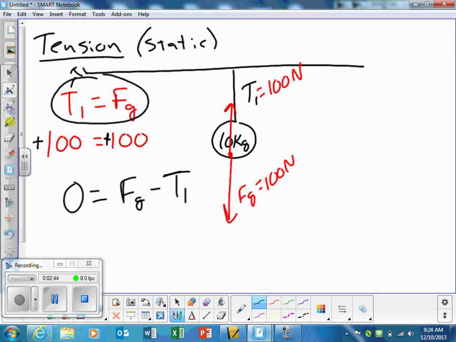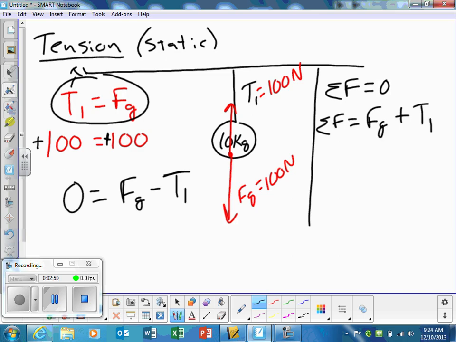And if you look at it from the standpoint of the summation of forces, in this case it must be 0, because it's not moving. The summation of forces is force of gravity plus T1. That is the actual summation because it's an addition thing, right?